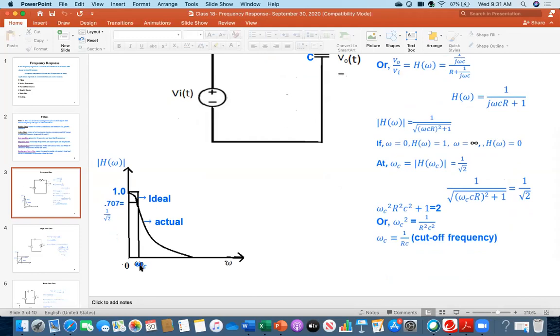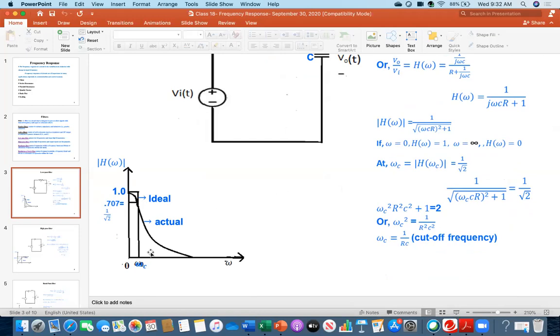This point. What is the meaning of the cutoff frequency? It means that at that frequency, the value of the transfer function is 1 over root 2. Why is this point important? Soon, hopefully in the next class, I will be discussing series resonance and parallel resonance.